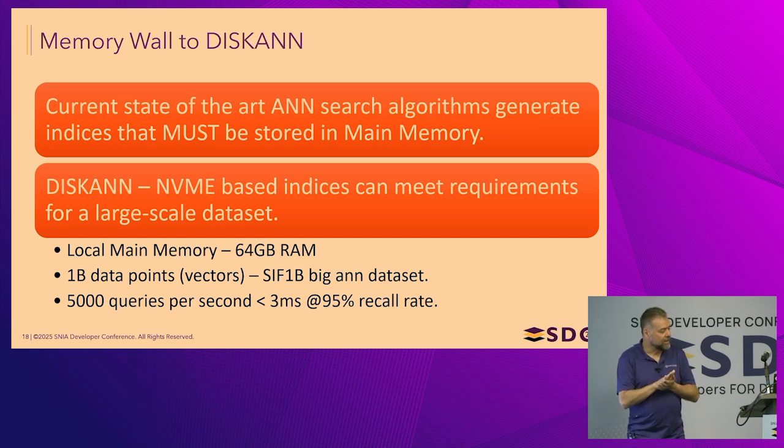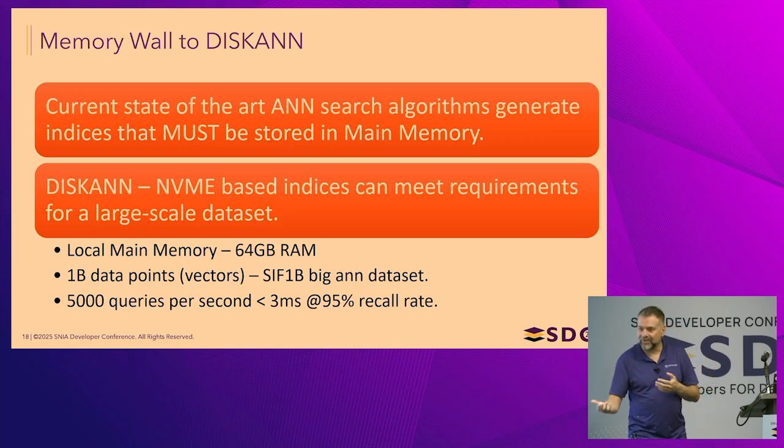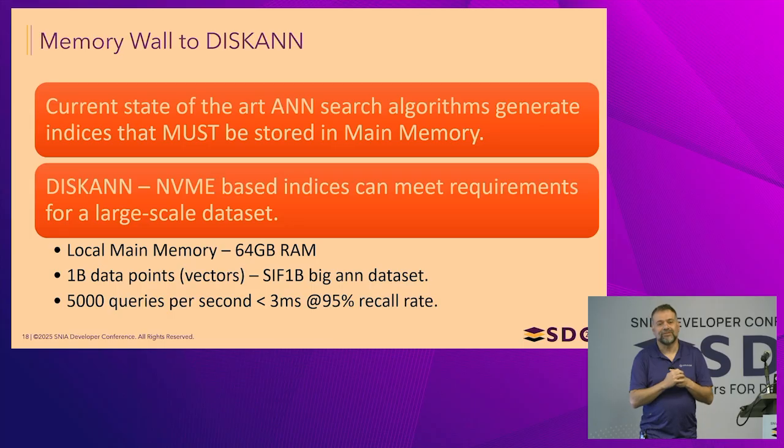So one study that brought us to DISKANN is: okay, let's put part of this index on disk, but at the same time minimize as much as possible going to the disk. Because we know as storage, every time we go to fetch something from block, from disk, you pay a really big penalty.